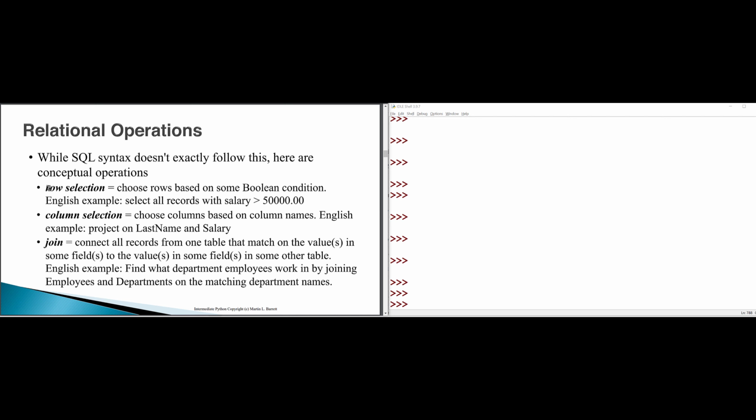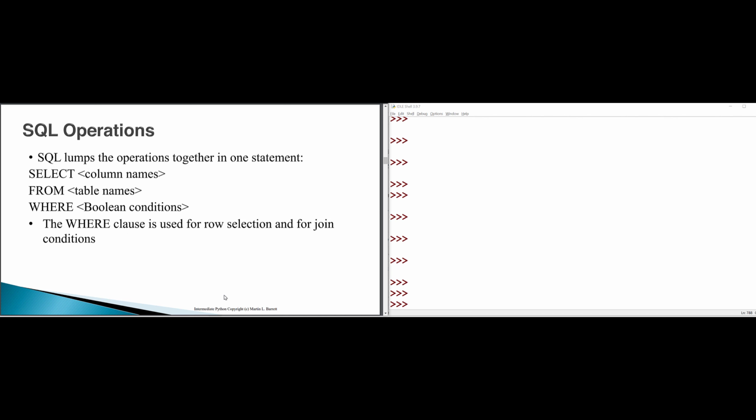Okay, so basically we have in SQL mechanisms for selecting rows, mechanisms for selecting columns, and also mechanisms for joining together information from multiple tables to create new tables.